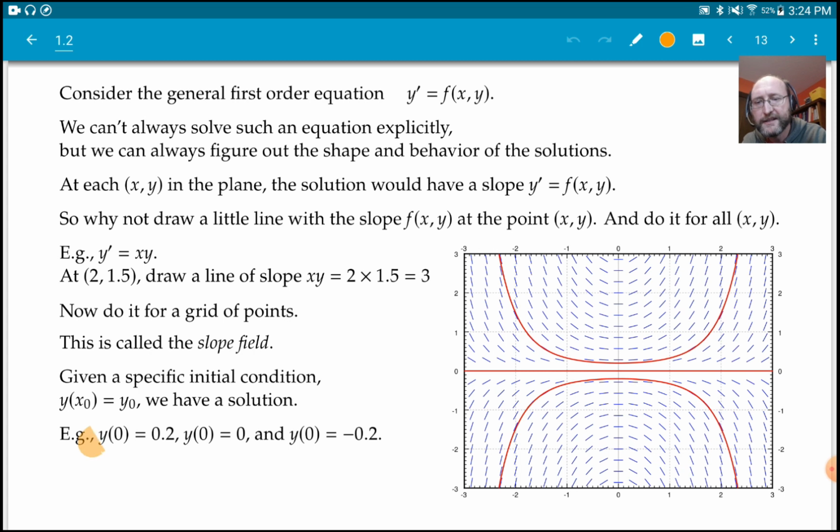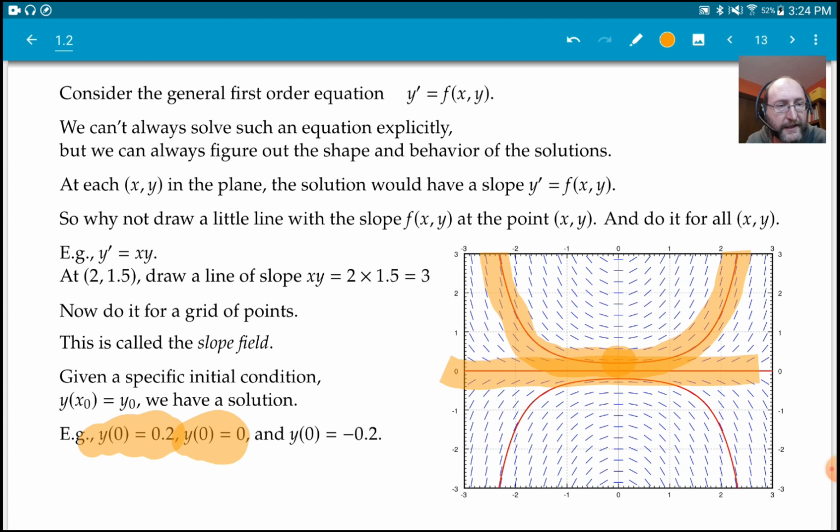For example, one where at 0, it's 0.2, right? That's actually this point over here. So that's this guy, going curved upwards, right? There's another solution here, one given for when x is 0, y is 0.